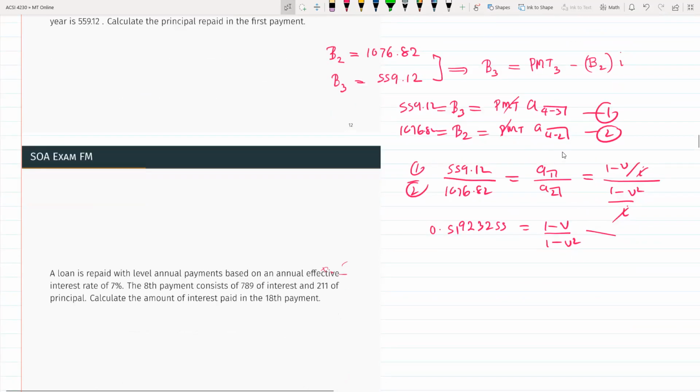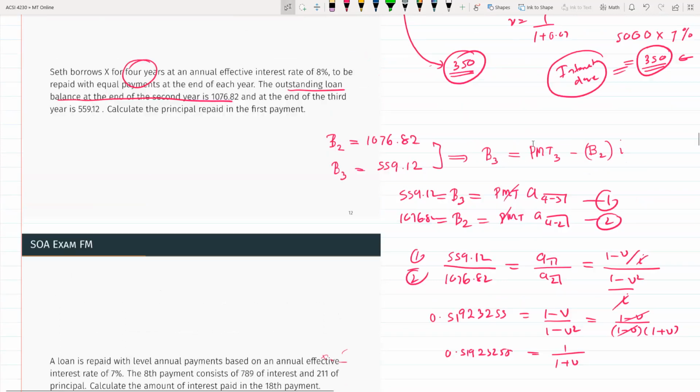So now 1 minus v squared you can expand, and that cancels out. So you get 0.51923255 equals 1 over 1 plus v. So from here you can solve for v, and from v you can get i.